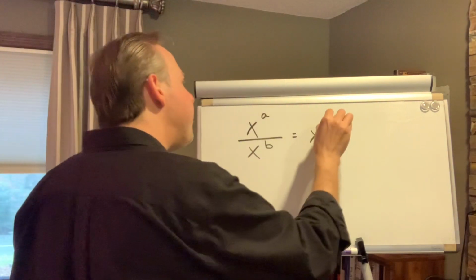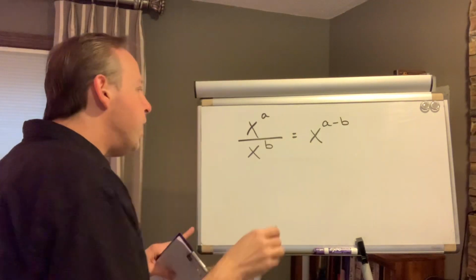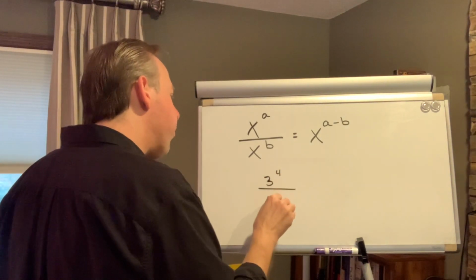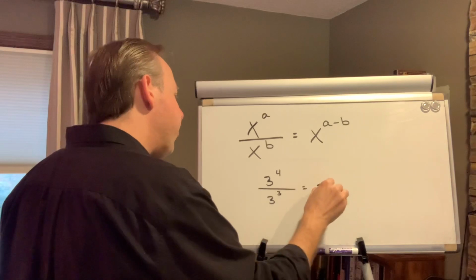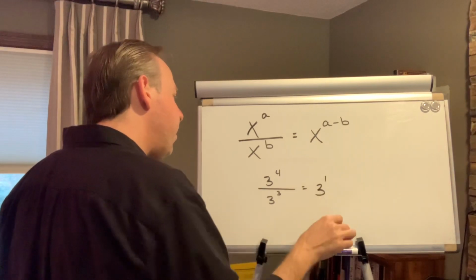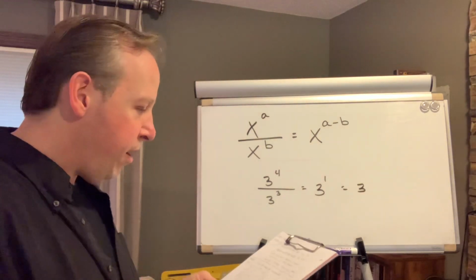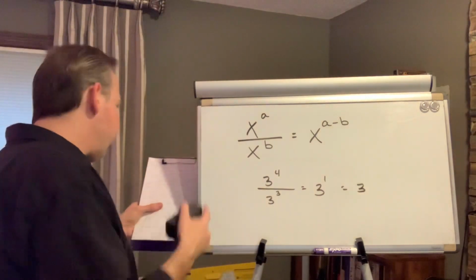So it's the power in the numerator, a, minus the power from the denominator, b. So again, 3 to the 4th power over 3 to the 3rd power is 3 to the 4 minus 3, which is 1, which is just 3. There's our third rule.